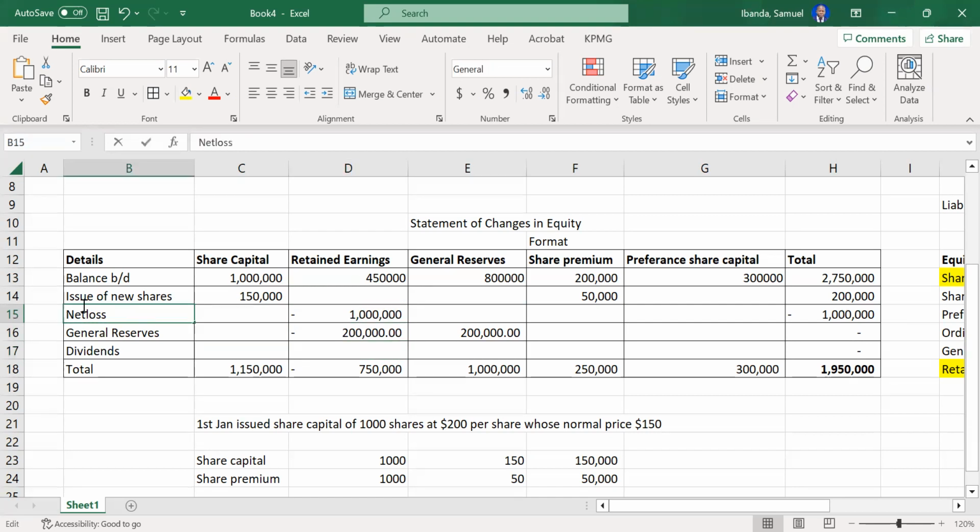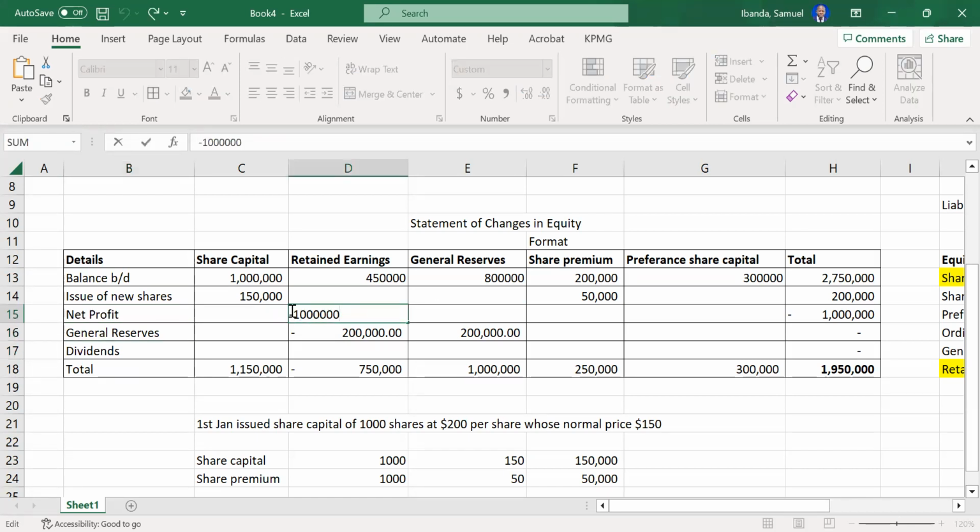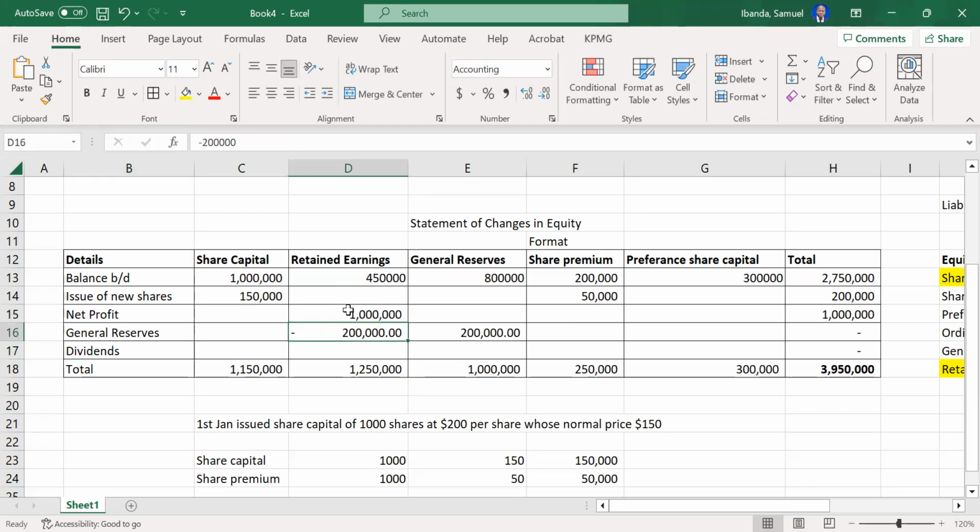So let's just imagine, because you cannot issue a dividend when you have made a loss, let's just imagine this was actually a profit. So you have a profit, so it means you have some money here, so you issue dividends.